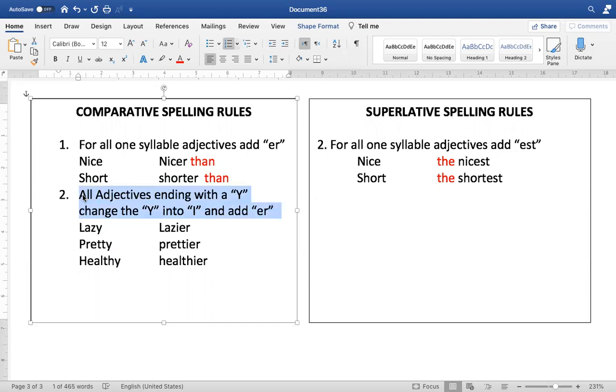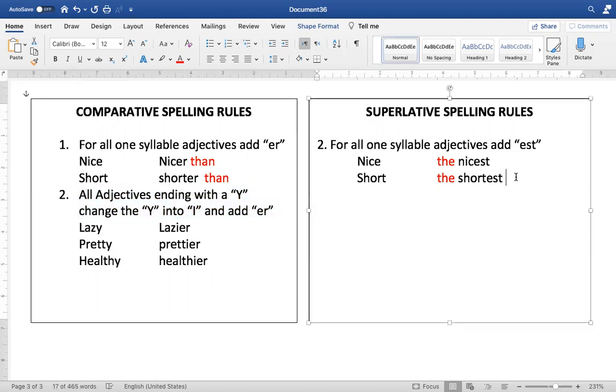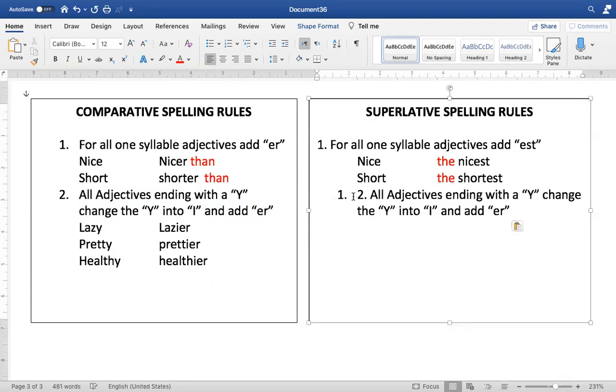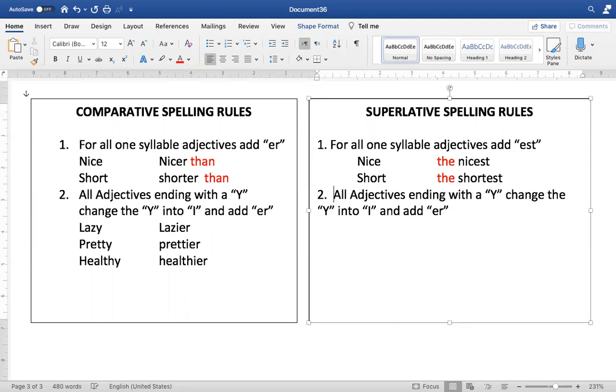And I'm just going to make it simple for the superlative. For the superlative case, we say exactly the same thing, but the only thing that changes is: all adjectives ending with Y, change the Y into I and add EST.